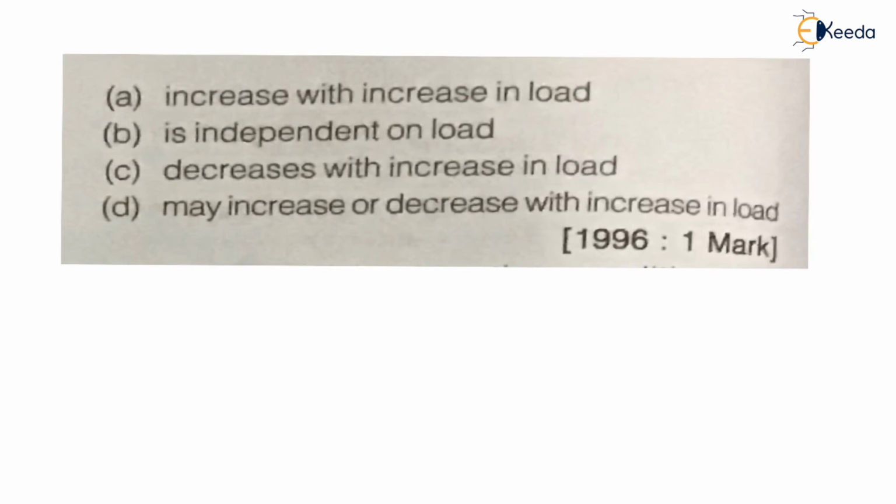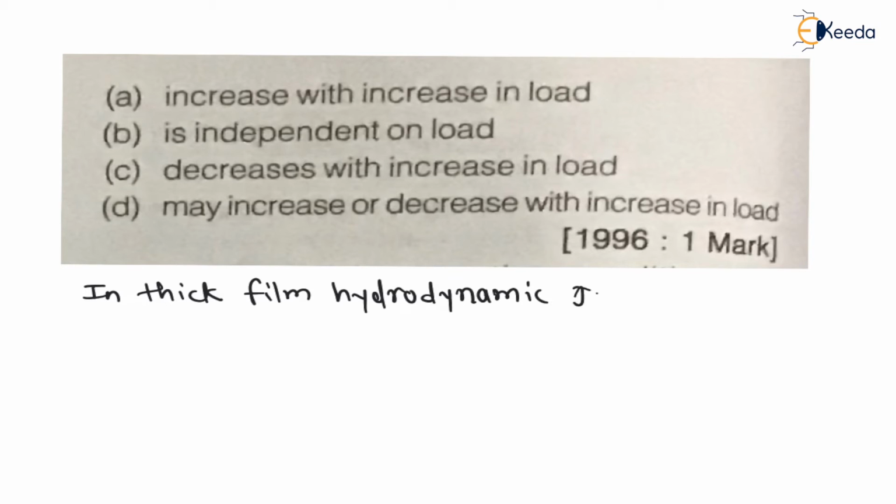The next question was asked in GATE 1996 for 1 mark on sliding contact bearing. Sorry my dear students, here only I got the options. Note down the question. The question is, in thick film hydrodynamic journal bearing, the coefficient of friction.